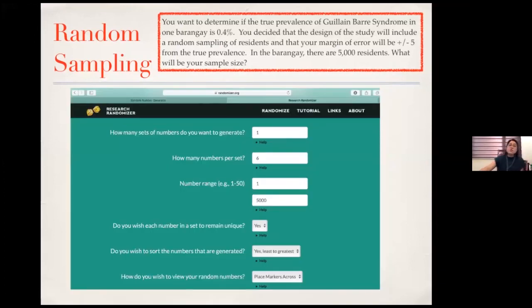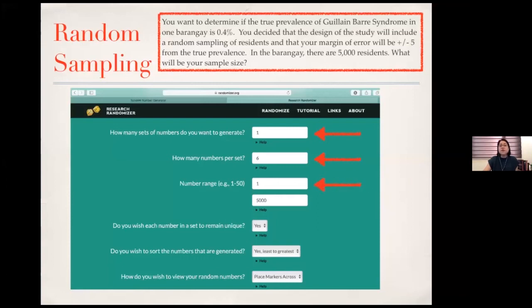Another way, so that was StatTrek. No? Another site that I really like is Research Randomizer. Again, same scenario. How many sets of numbers do you want to generate? I only want 1 set. And then I want 6 numbers because I need 6 respondents.